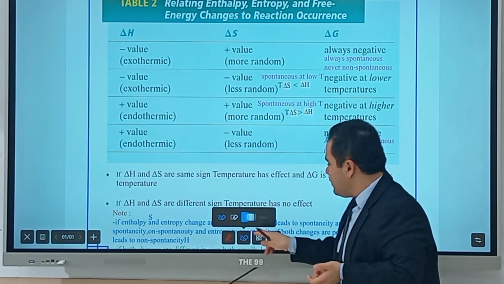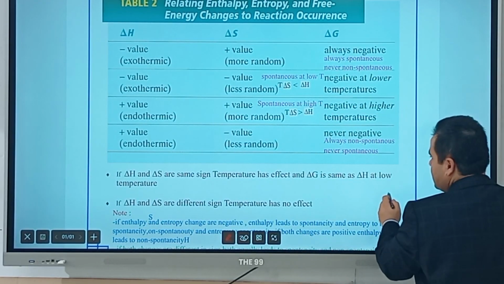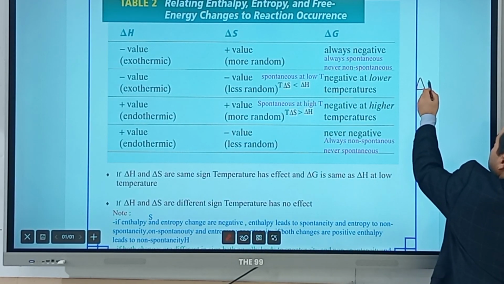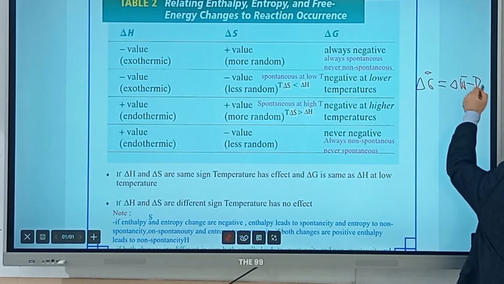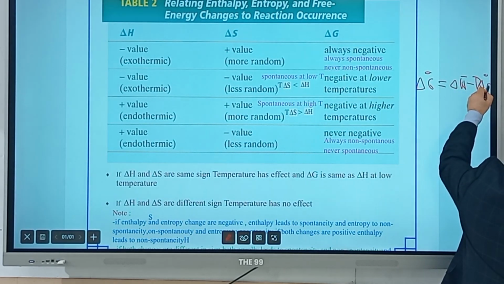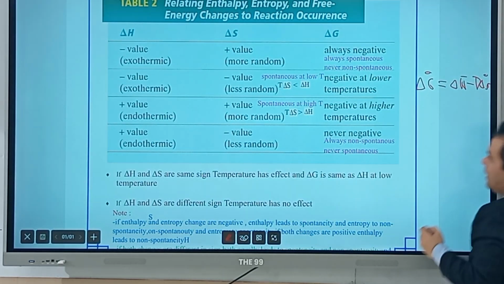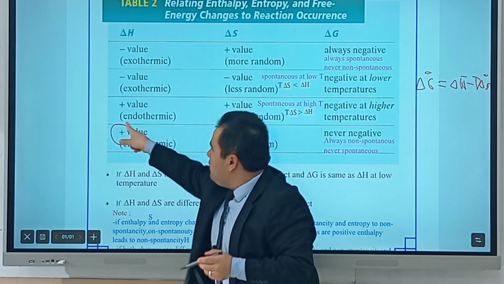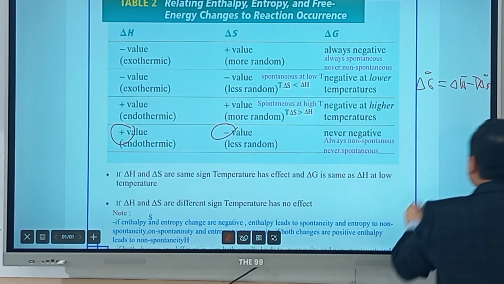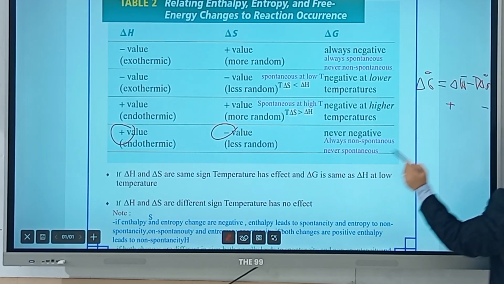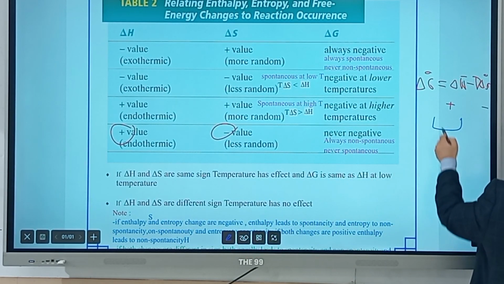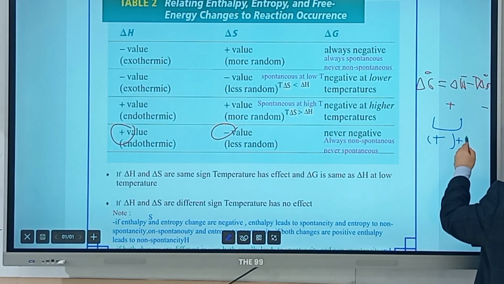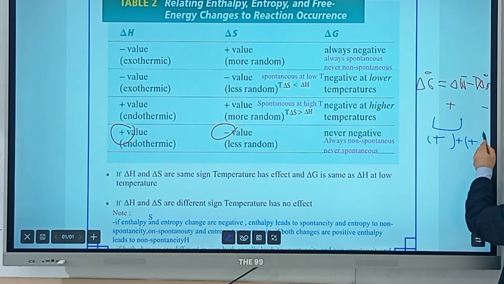The last case, I would like to represent also to you. Delta G is equal to delta H minus T delta S. So guys, in this case, the enthalpy is positive and entropy is negative. Let us calculate mathematically: a positive value of delta H plus negative multiplied by negative, positive.